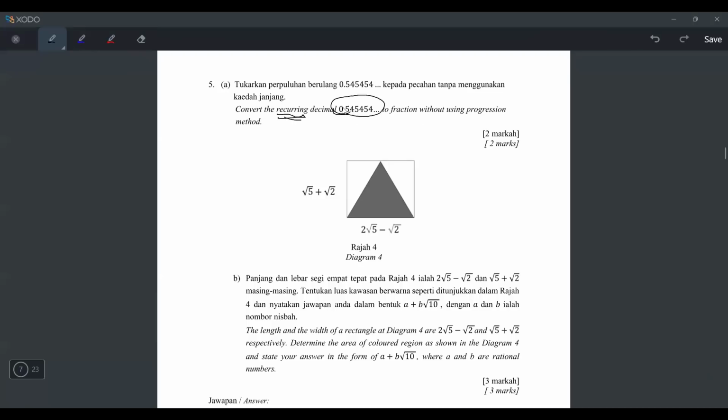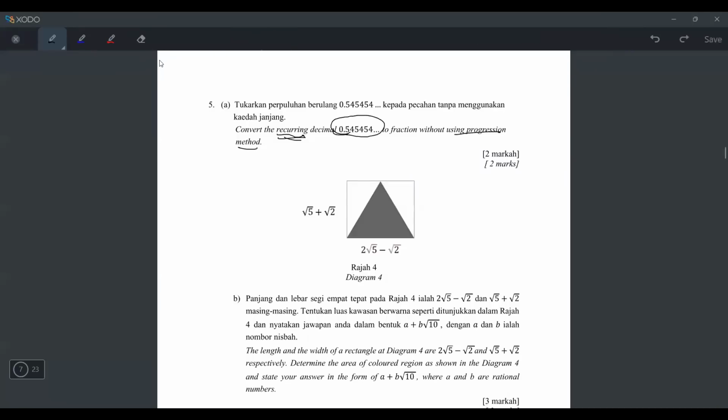545454 like this. So convert the recurring decimal without using the progression method. What does it mean by without using the progression method? It means without using the S infinity formula. But I remember I taught you a very quick method, a shortcut in class. If you want to convert the recurring decimal to a fraction, you can just divide by 0.99.